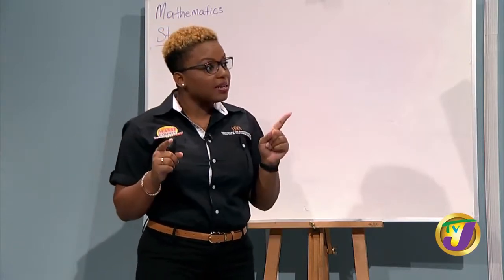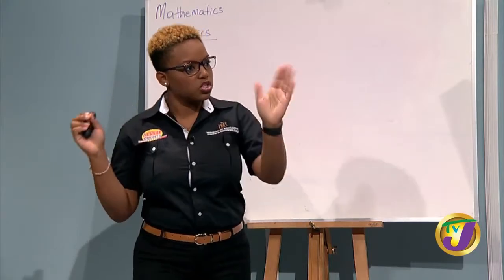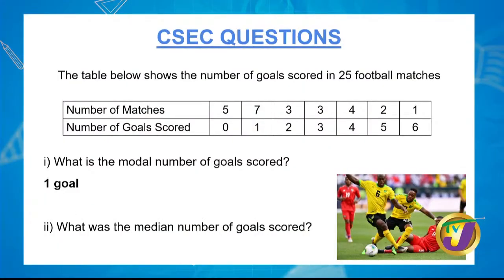What we need to find is the middle. We know there are 25 football matches, so where would that middle number of goals fall? I'm thinking half of 25 matches would be 12.5. But it's an odd number, so I know that one number will be in the middle.